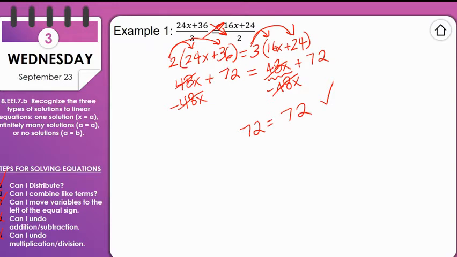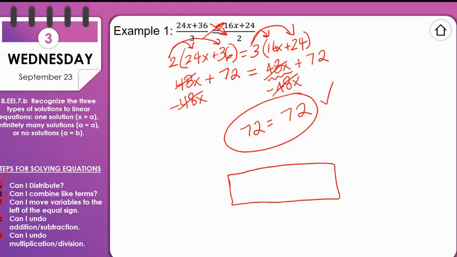I'm simply left with something that looks a bit unfamiliar: no variable, two constant terms set equal to one another. Leave a place and I will explain what you are going to put in here in the next example.